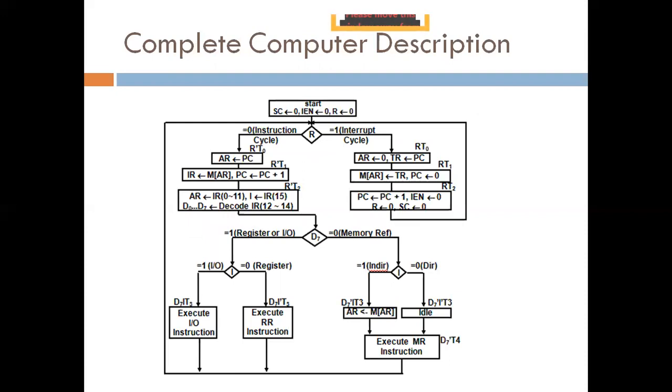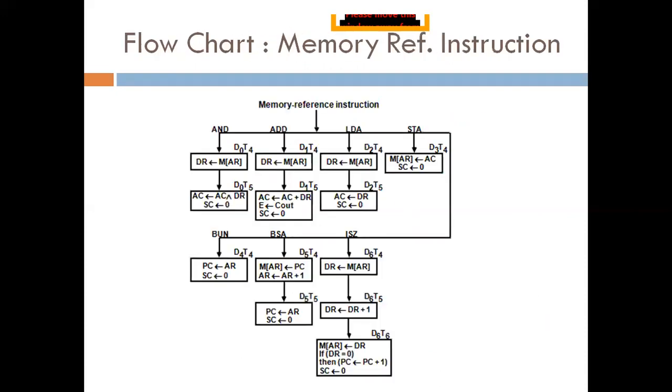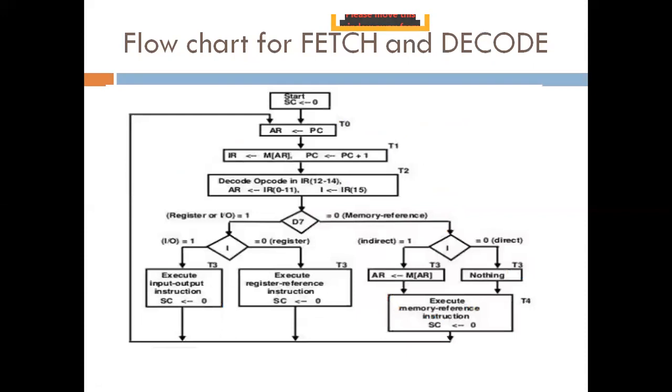The last topic is the complete computer description. Basically, it is a combination of the instruction cycle and the interrupt cycle. Okay, now which one is the instruction cycle? We have discussed it, this is the instruction cycle.